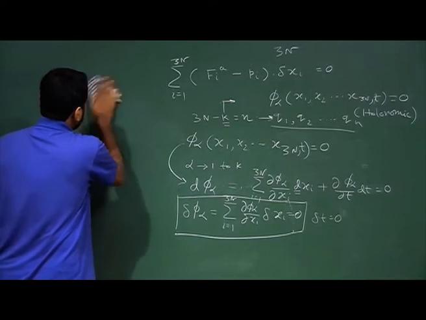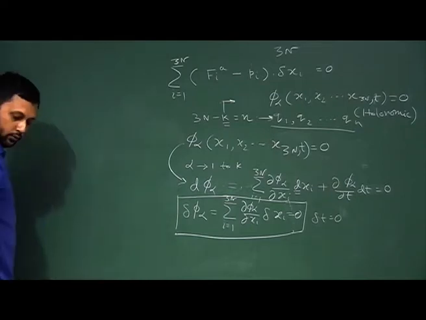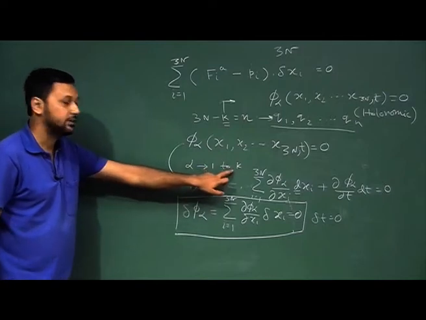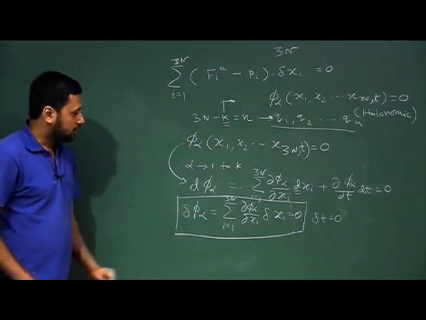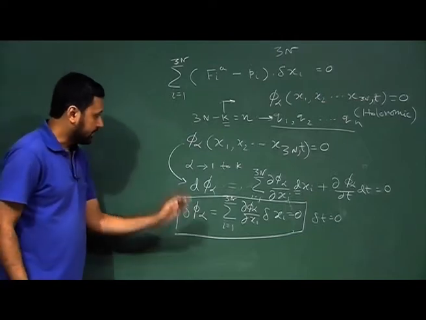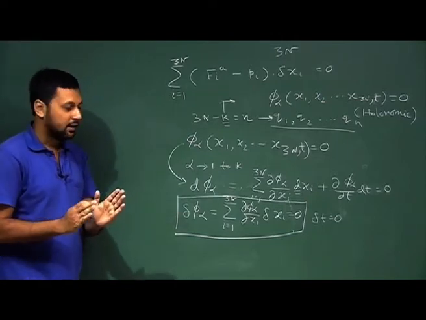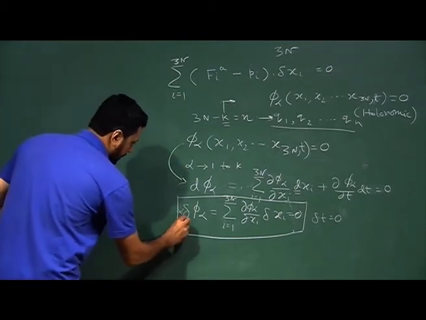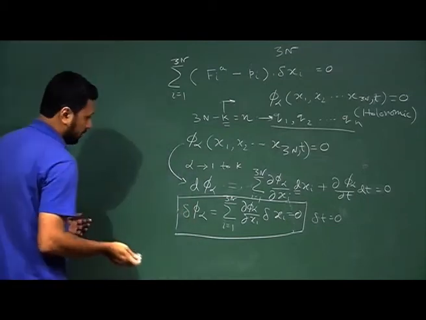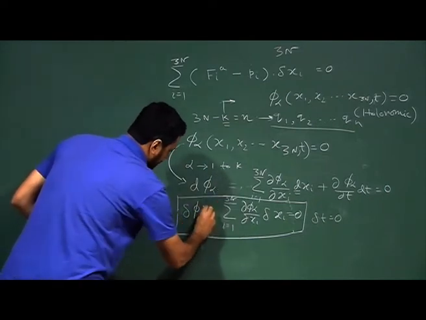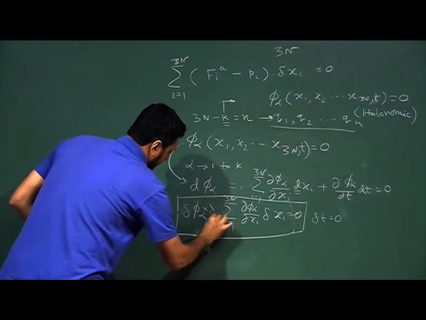Now, what we can do is, there are k number of such equations. We can multiply each of these k relations with some constant, lambda alpha.